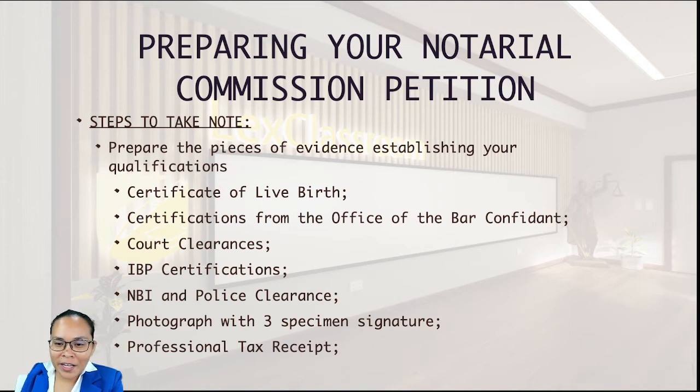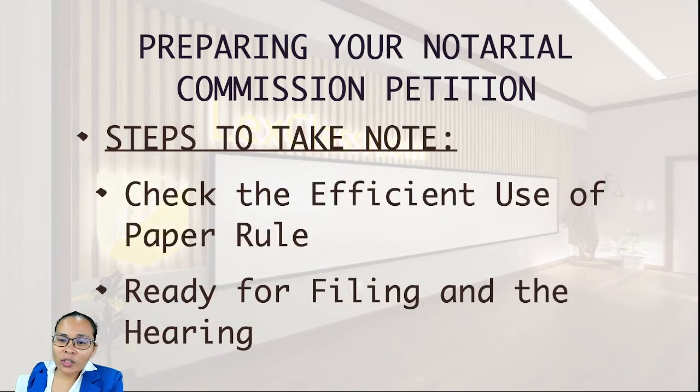Now, check also the efficient use of paper rule. We know that the official paper size the courts are using is the long bond paper, and it's not the same as the US legal, because I think the US legal uses 14 and it's not 13. So it's 8.5 by 13. And you are now ready for filing.